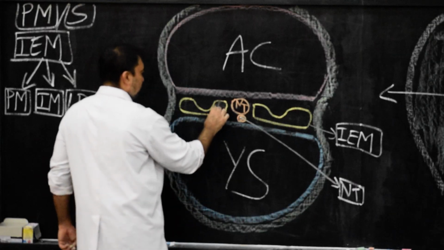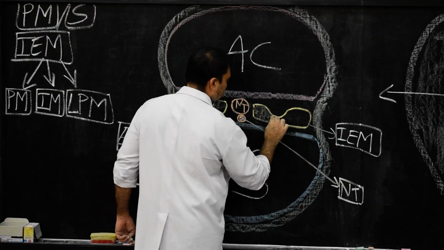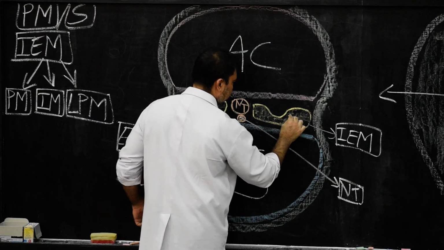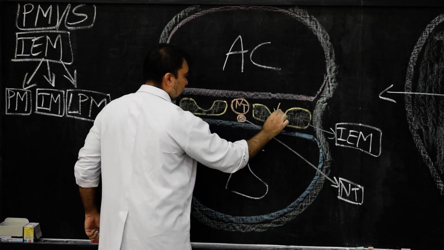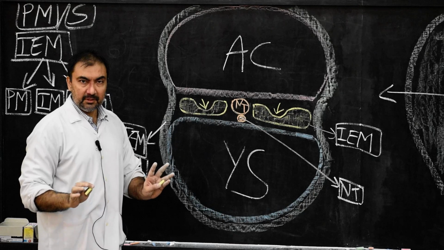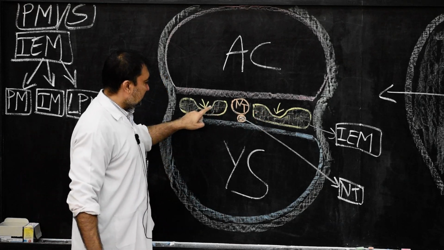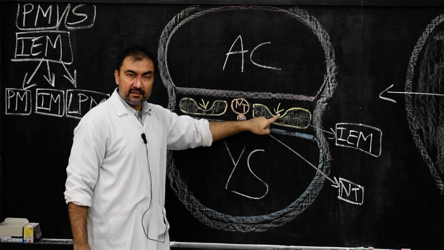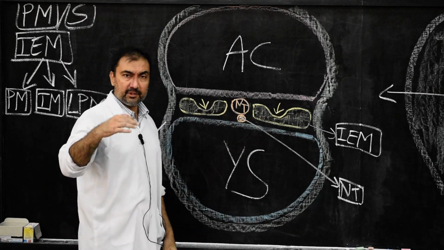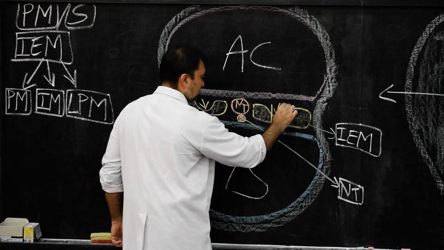And here, if I complete this with color, I will show that on both sides the intraembryonic mesoderm has the presence of this longitudinal groove. Very simple. The longitudinal groove which is present on either side of the intraembryonic mesoderm will split the intraembryonic mesoderm on either side into three different zones.